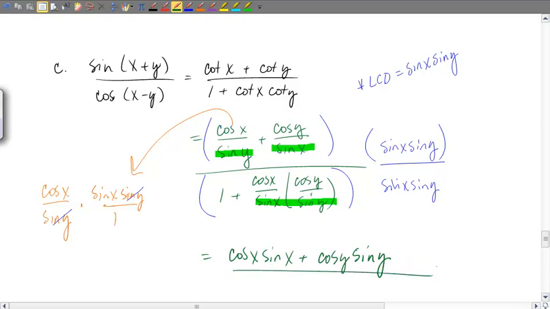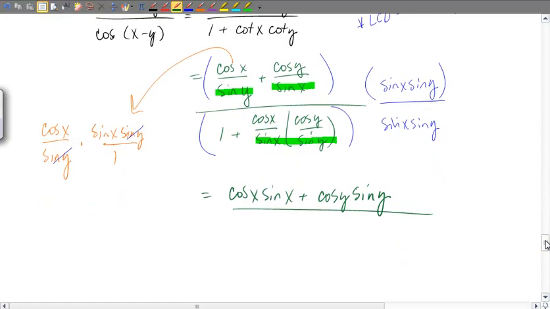So in the denominator, we're going to do that same concept, and we're going to multiply this to each of these two terms. So when I multiply sine x sine y times 1, I get sine x sine y. Now watch what's going to happen when I multiply sine x sine y times this whole thing here.